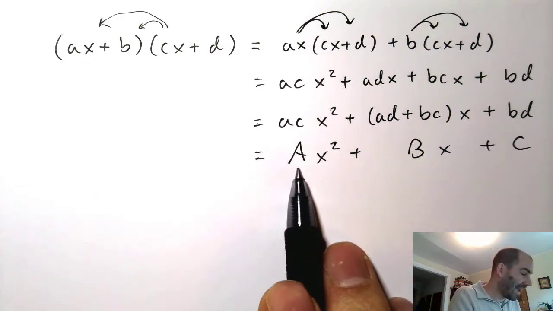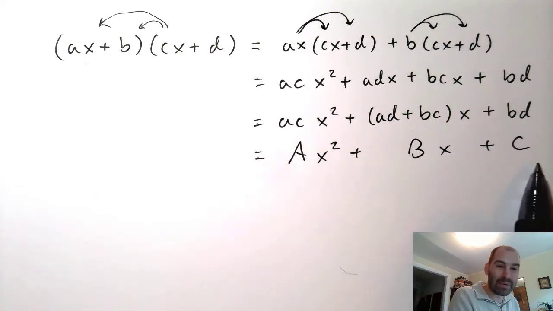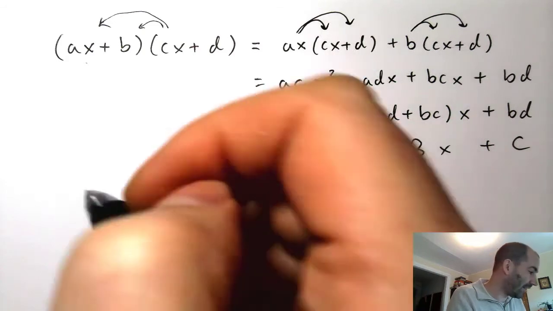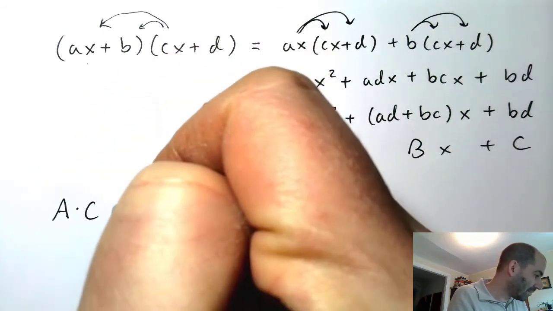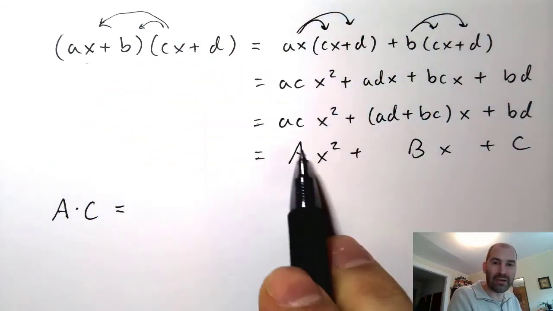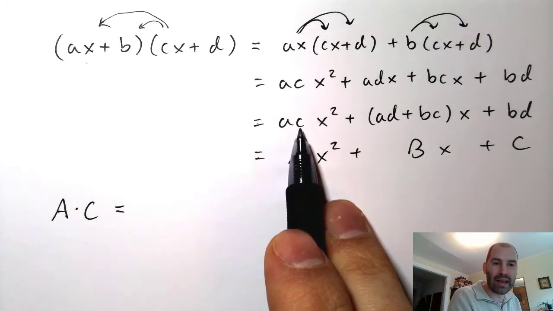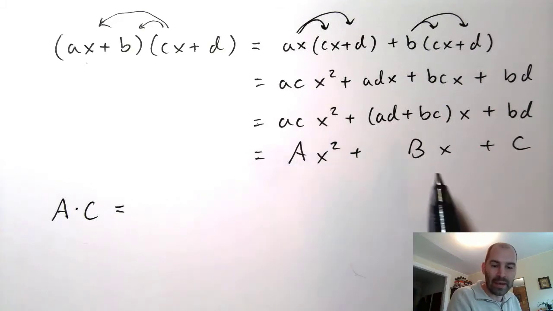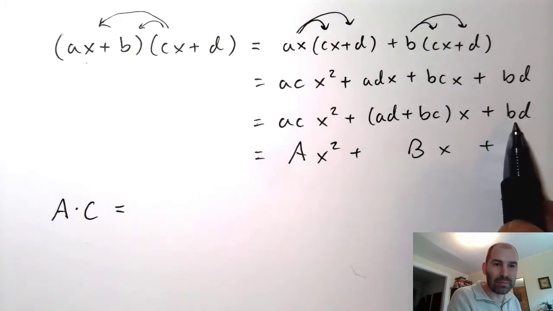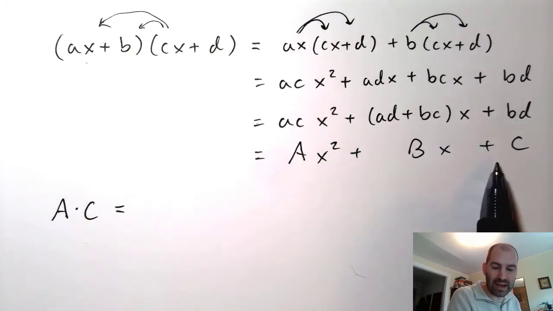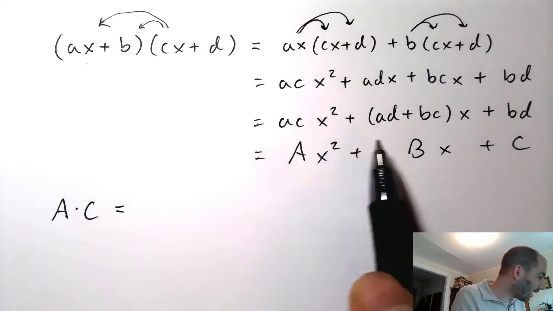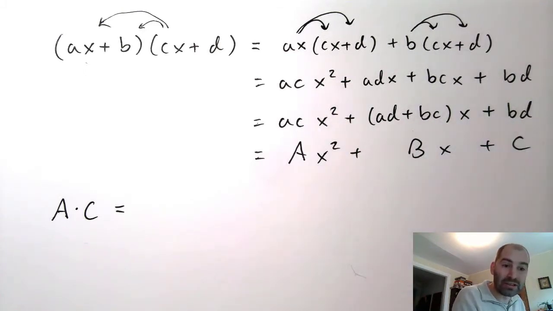So here's the not obvious at all observation I want you to make. If I take capital A and multiply it by capital C, let's take a look at that. Capital A stands for little a times little c, and capital C stands for little b times little d. If I multiply these together, I could do that in any order because multiplication is commutative and associative.